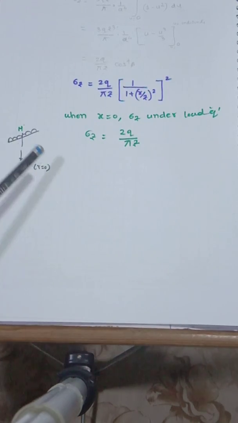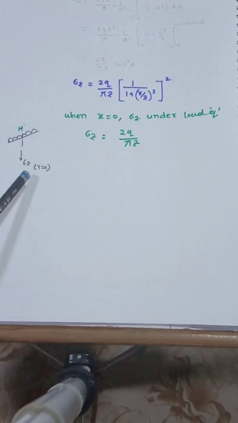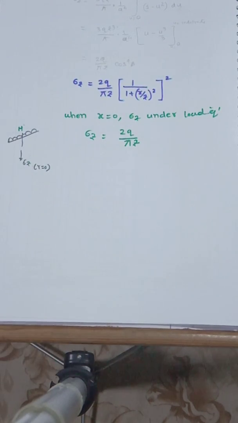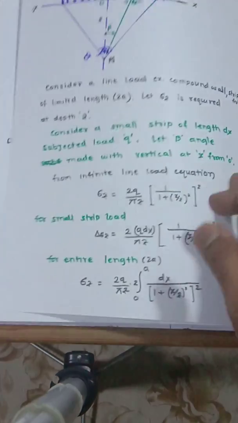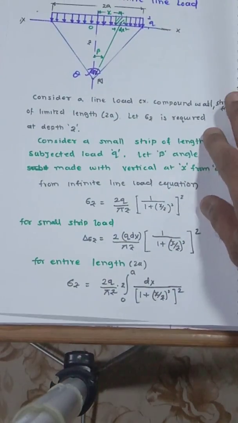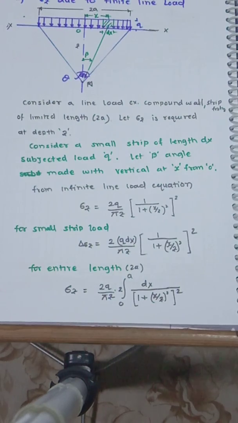If I want the stress exactly below the load, I can put r as 0. So you can also substitute r as 0, it is 2q by pi z. Okay, so with this the first part is over.